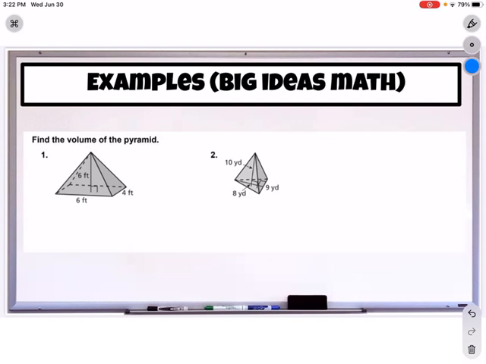And for the base shape, we have a rectangle. So I am going to write our formula, which is volume equals 1/3 times base times height.